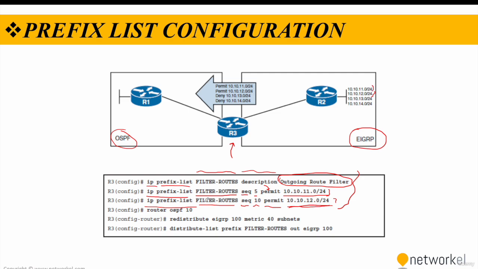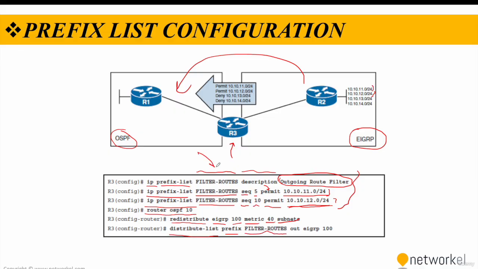Then I go into my OSPF configuration, router ospf 10, and I type a redistribution command to redistribute routes from the EIGRP domain to OSPF. So redistribute eigrp 100 metric 40 subnets is used for redistribution from EIGRP to OSPF. And then I am implementing the prefix list: distribute-list prefix filter routes out eigrp 100.